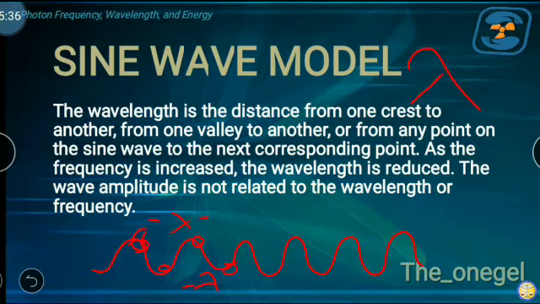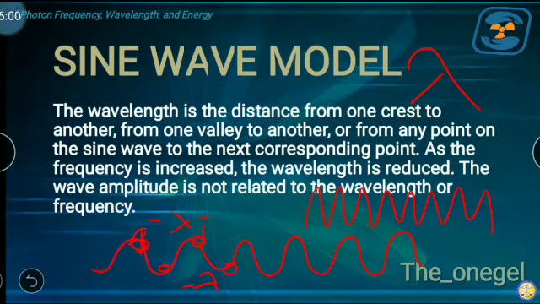As the frequency is increased, the wavelength is reduced. That is why the wavelength is reduced. And, pag mas malaki yung wavelength, mas mababa din naman yung frequency. Consider mo to.